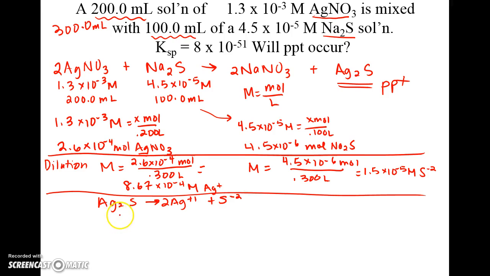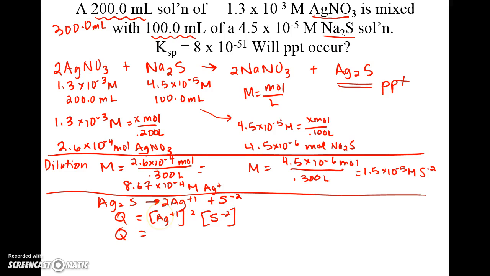I'm going to write my Q expression, which is exactly the same as my Ksp: Ag plus 1 squared times S minus 2. I'm going to plug in my values from above. I am not going to double the Ag, because that is all the Ag that I have. This is a special rule for this type of problem.